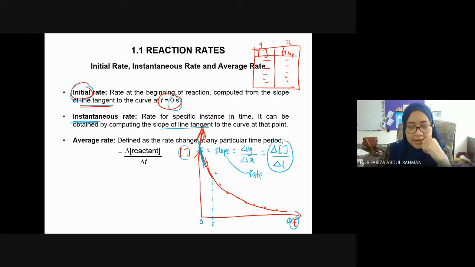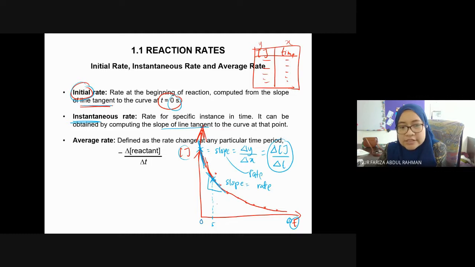Cara macam mana nak dapatkan rate dia tu, that instantaneous rate at t is equal to 5. Okay, so this is the dot. Draw a tangent again that pass through this dot. Lebih kurang lah macam tu lah. Awak buat cantik sikit kan. Okay, so dapatkan dia punya slope sama juga, which is equal to rate.